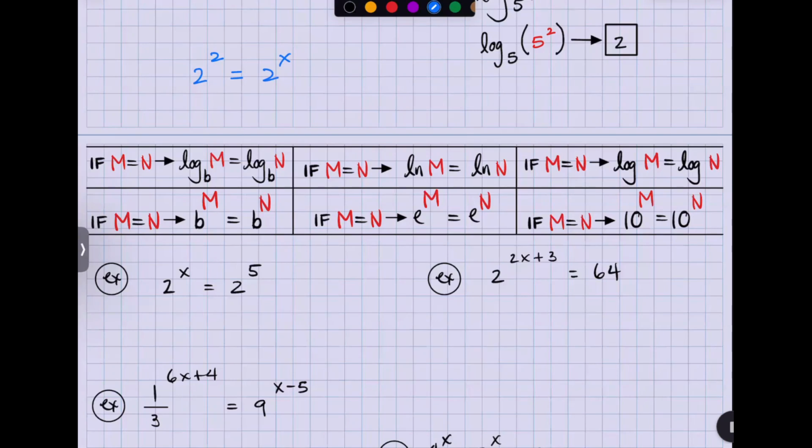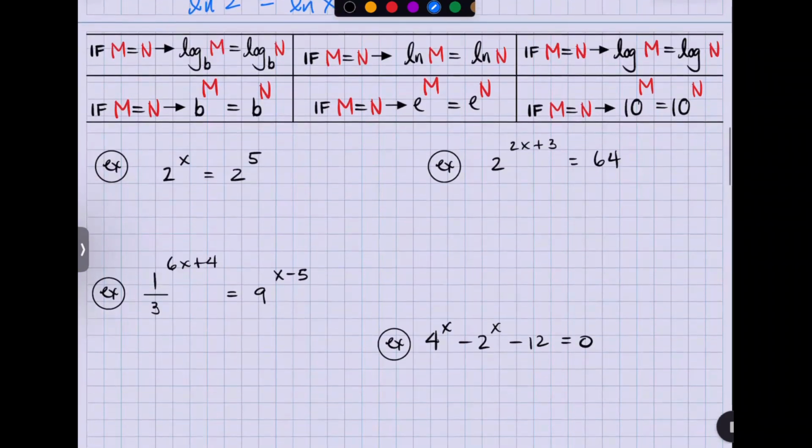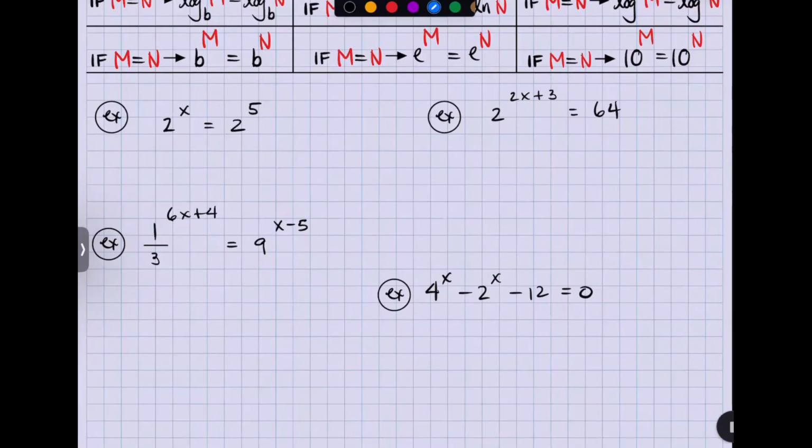Or if I said ln of 2 is equal to ln of x, what is x equal to? 2. That's all this part is saying. So it's not really anything special. So I have 2 raised to the x equals 2 to the 5th. What's x equal to? Do you want to think about it?